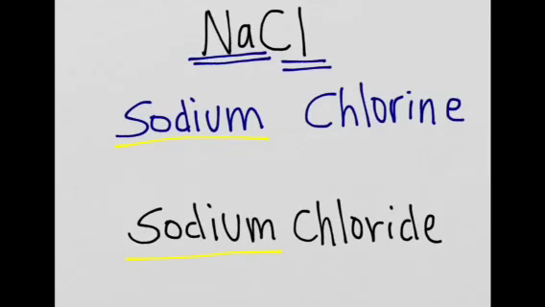The name of the metal goes first, just like you will see the metal atom represented first in the compound's formula. But in the case of the nonmetal, the ending of the nonmetal changed from INE to IDE. And that is the ionic naming convention.